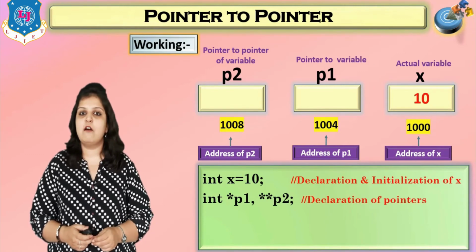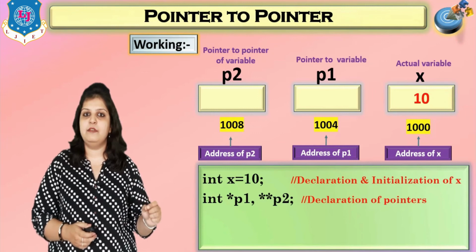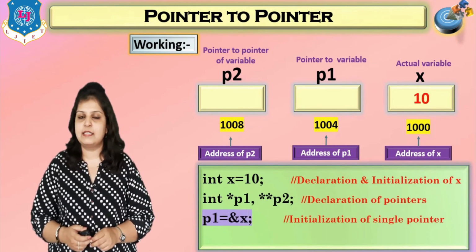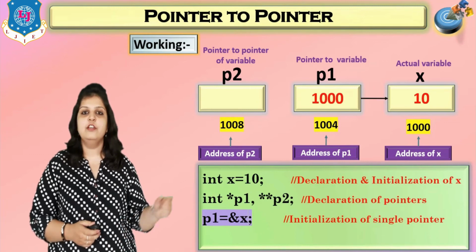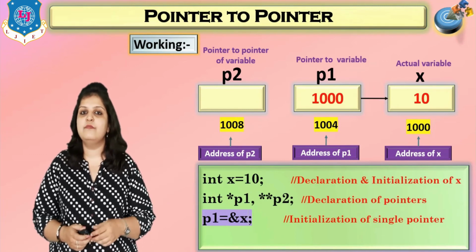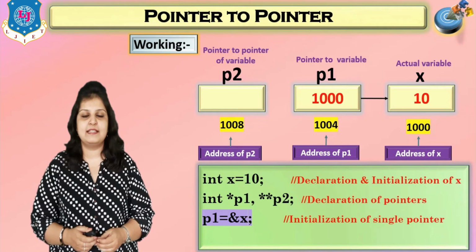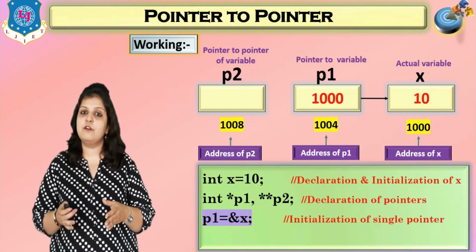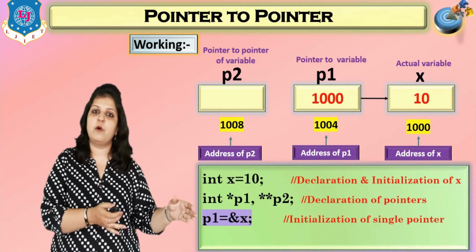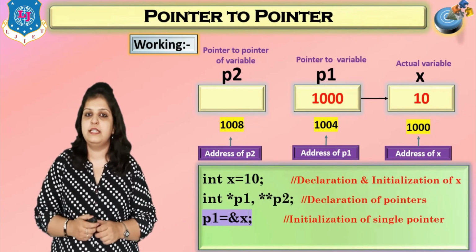Now initialize our pointer p1. So I am writing p1 = &x. So the address of x will be stored in our p1 pointer. So in p1, 1000 will be stored because the address of x is 1000. Now I can store the address of our pointer p1 into pointer p2 because p2 is a double pointer.